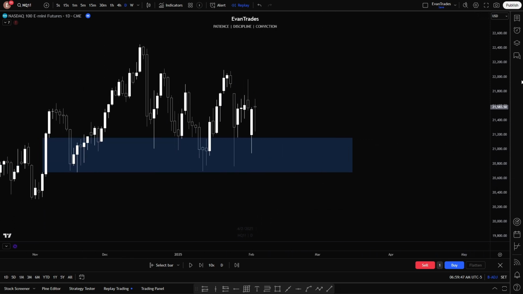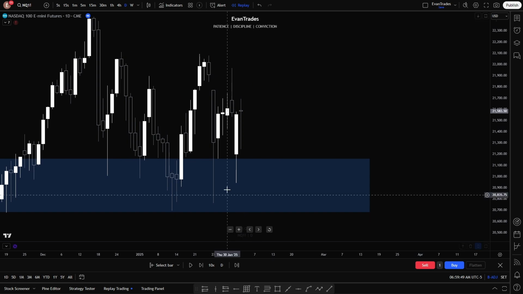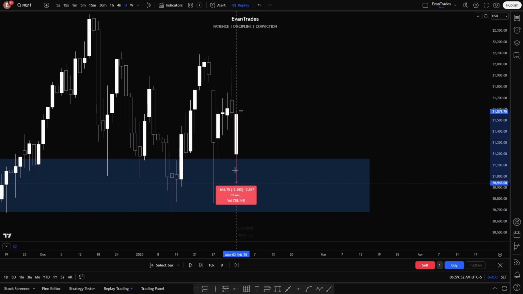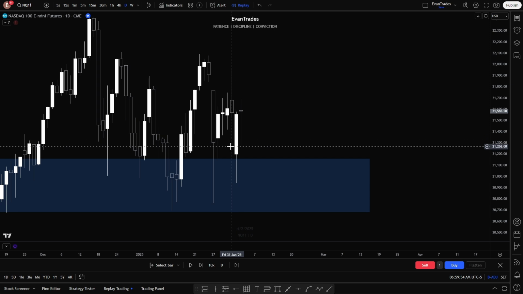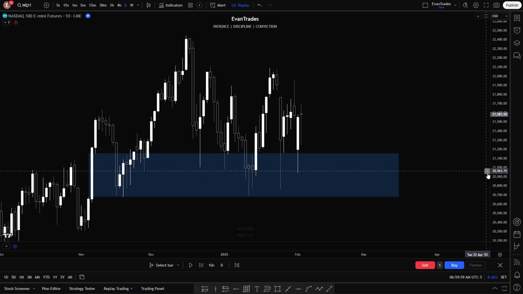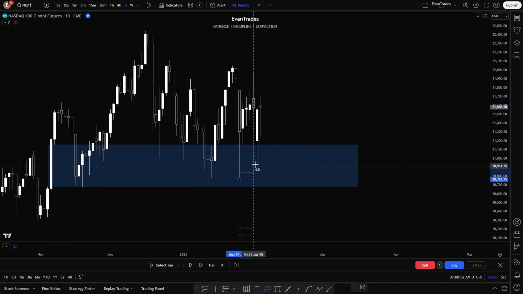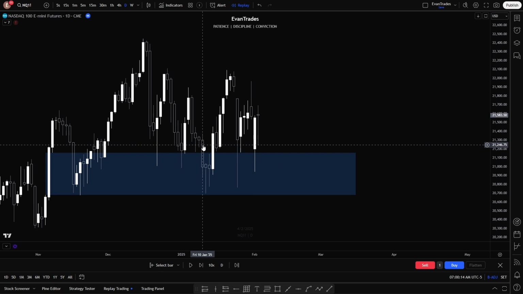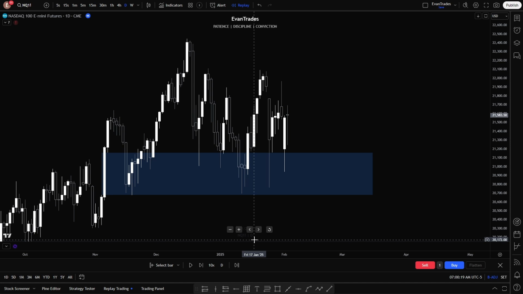And as you can see, the previous daily candle right here ended very, very bullish. A lot of people don't like to use this as a confluence, but we also respected the January 27th daily candle CE of the wick. So automatically, based off this right here, I'm going to be bullish.